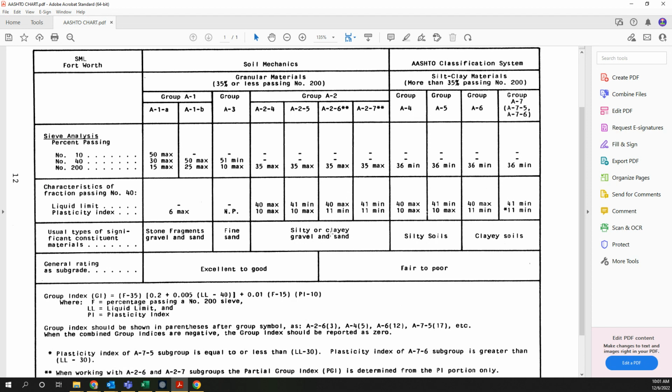Anything else is fair to poor. At that point, you should probably call your local engineer. You should call your soil scientist because you're going to want to reconfirm that the AASHTO that is classified at that site is correct.